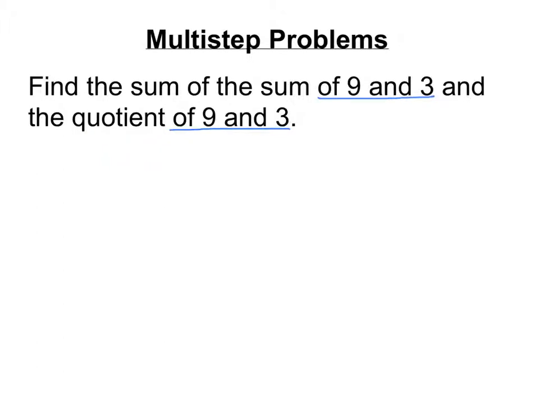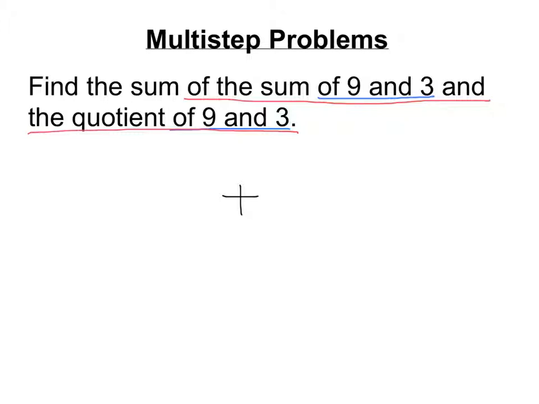So, finally, if I get rid of that big, long prepositional phrase there, of the sum and the quotient, then it really comes down to find the sum. So, I'm going to add, well, what am I adding?